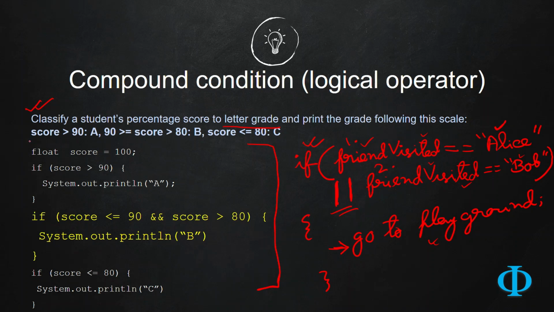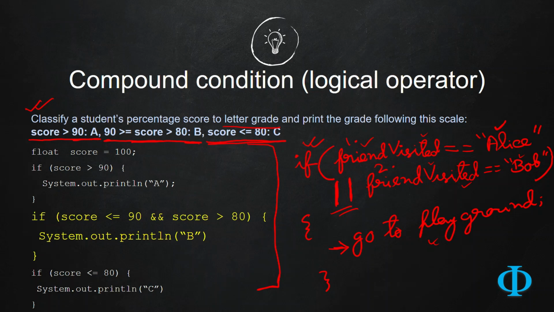That is, if the score is greater than 90, I have to print A. If the score is in between 90 and 80, that is, 90 is greater than or equal to score and score is greater than 80, then I have to print B. Otherwise, if the score is less than or equal to 80, then I have to print C, like this.